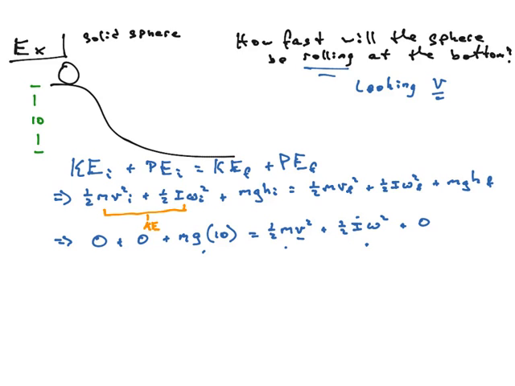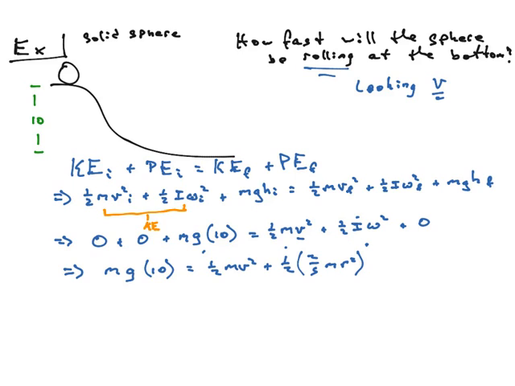So what I'm going to do is everywhere I see an I, I'm just going to replace it. So let me leave this alone. Let me leave this alone. And now I have an I. Instead of writing I, I write 2/5 mr squared.